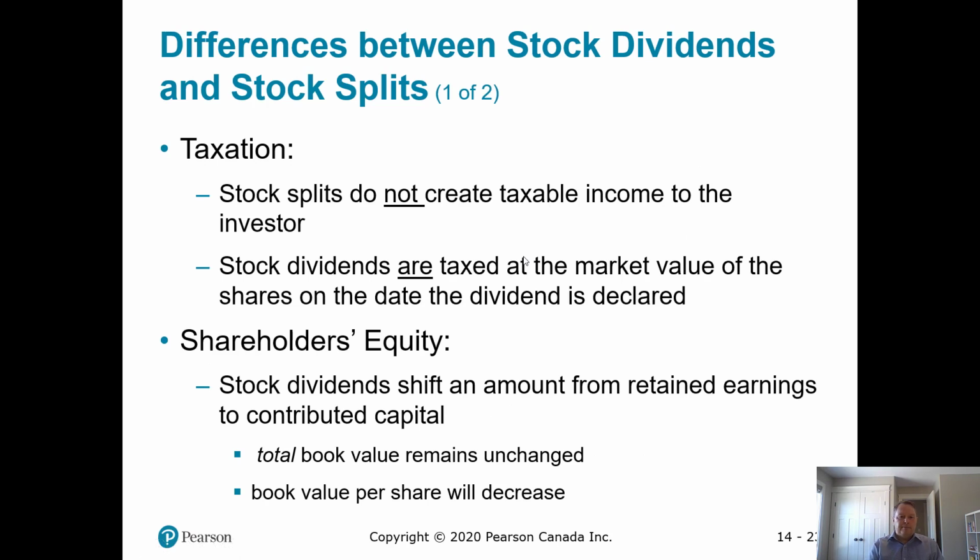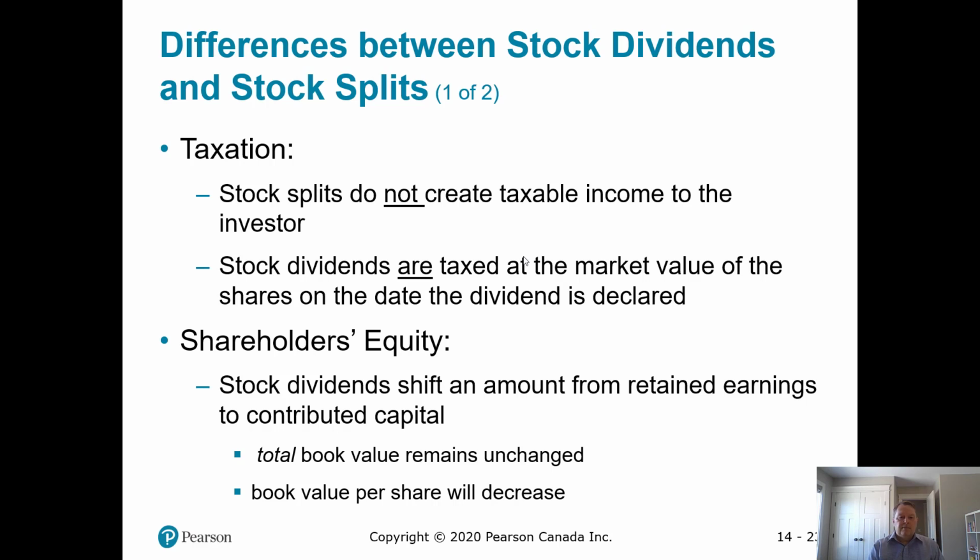Now, stock splits themselves don't create taxable income. Stock dividends do create taxable income. When we move that money from retained earnings to contributed capital, that creates tax for the shareholder because it's treated like dividend income, and there's tax on dividends.